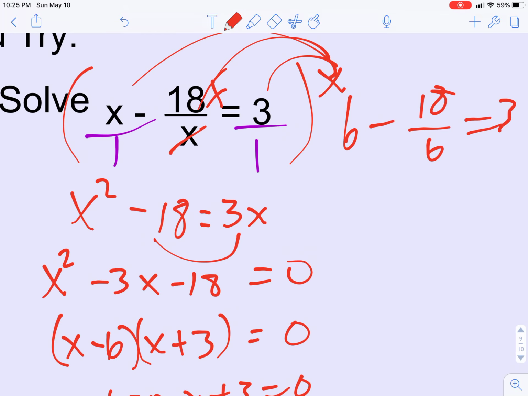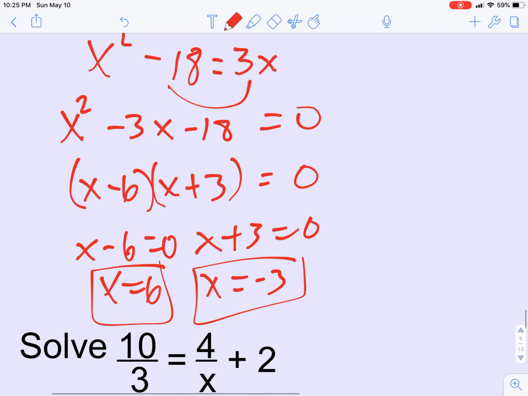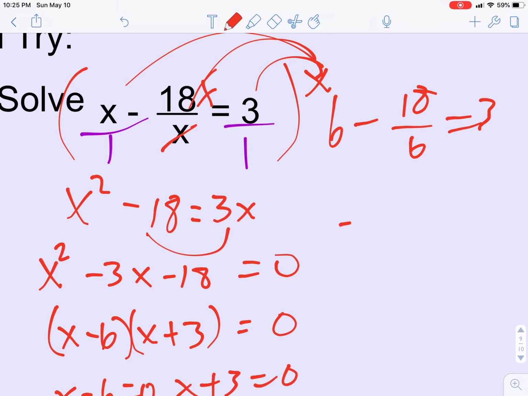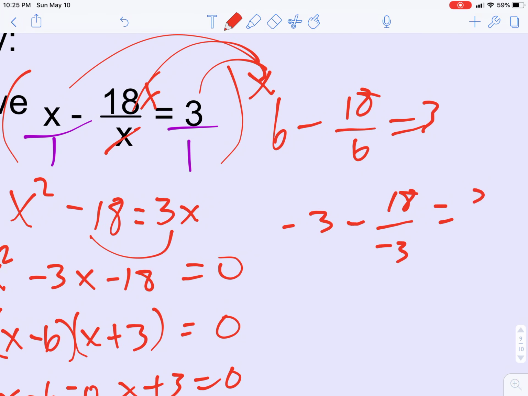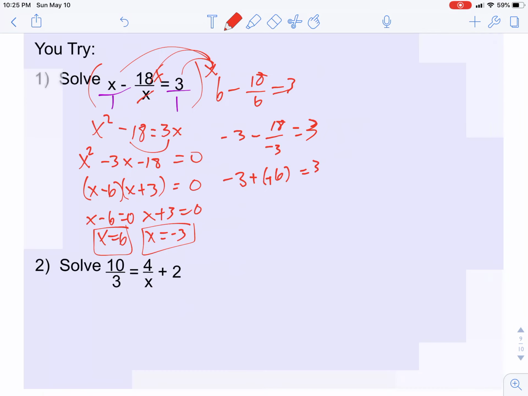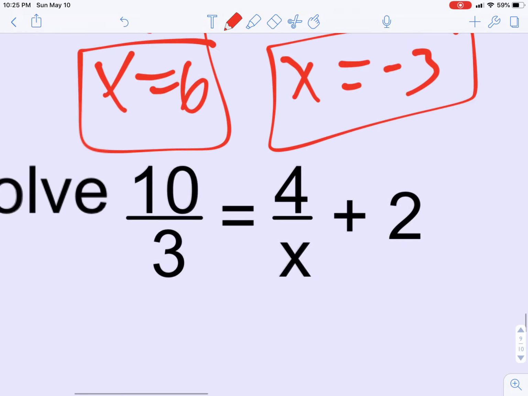You better believe it. 6 minus 3 is 3. Do the same thing with -3. Does -3 minus 18 over -3 equal +3? So that's -3 minus -6. That's a plus. -3 plus 6 is 3. So both of those are good answers.